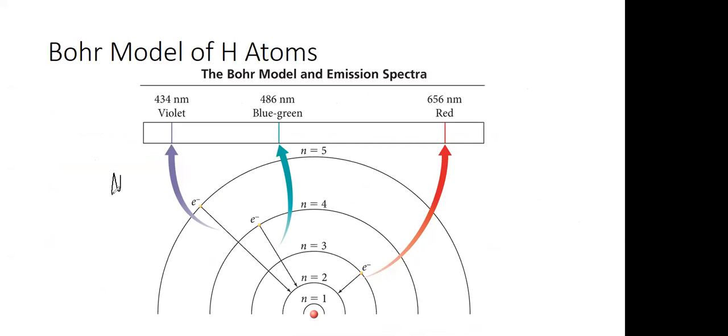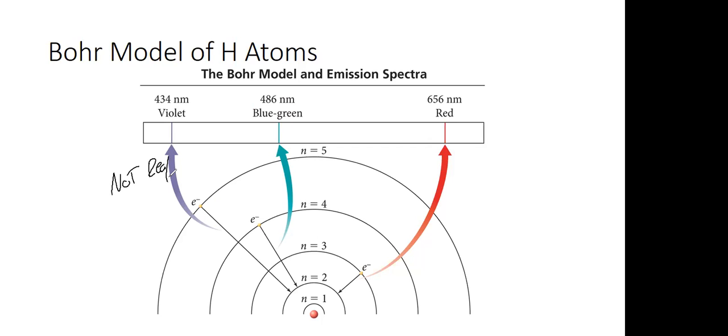This is not real. The atom does not look like this, but the Bohr model of the atom is a good way to think about the atom. So conceptually, we can use it. And then we're going to learn later today and on Monday what the atom actually looks like.